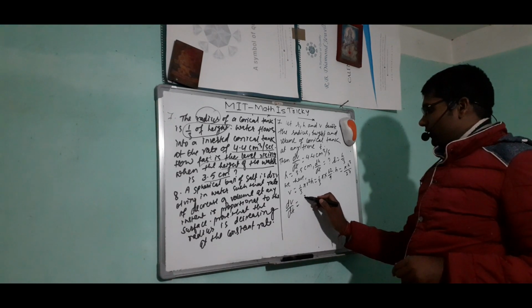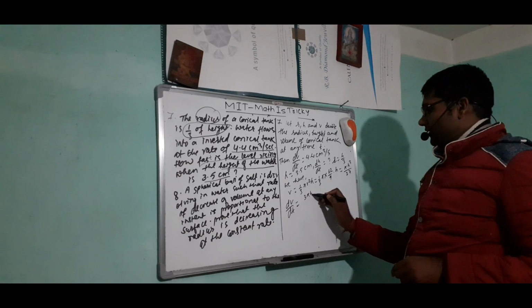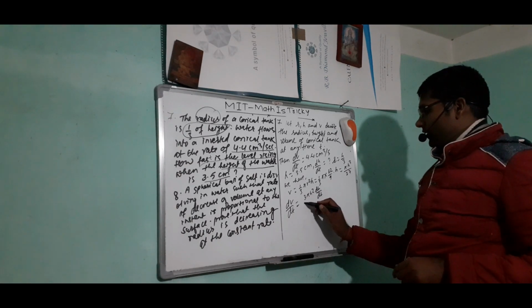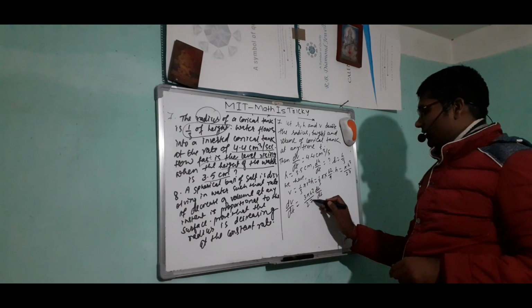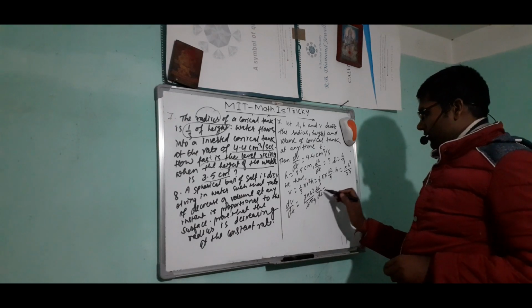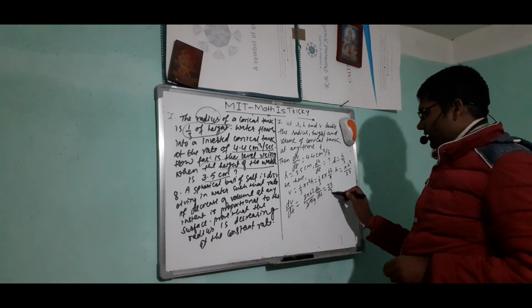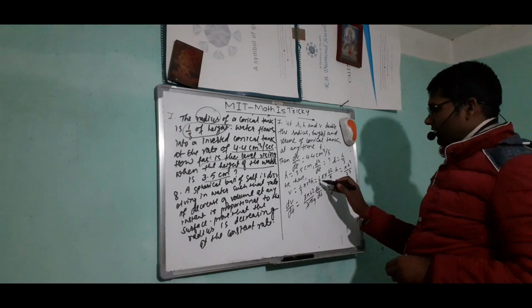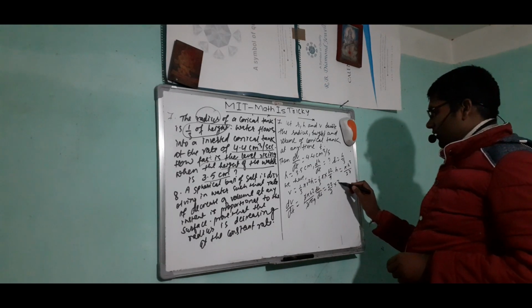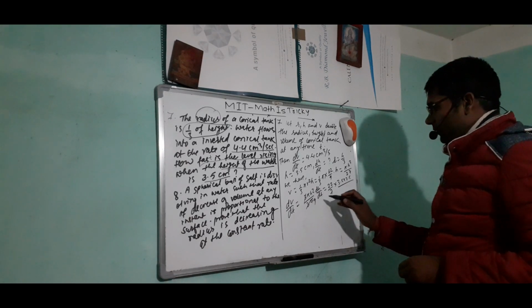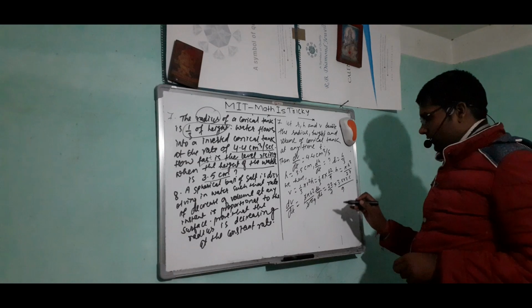Then dv by dt will be 3 pi h square into dh by dt, divided by 27. So it is 9. It gives pi, meaning 22 by 7, into h square, where h is given as 3.5. So 3.5 into 3.5 by 9.